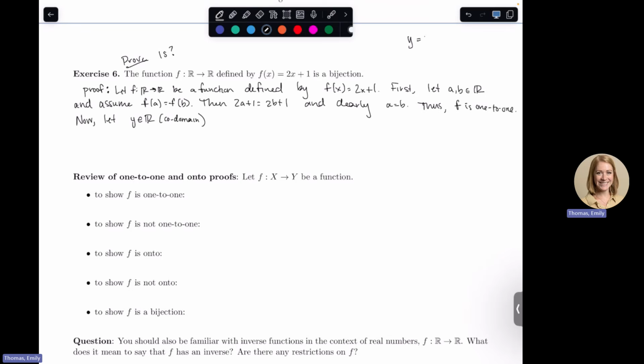All right, if y is equal to 2x plus 1, what is x? y minus 1 over 2. And is that a real number? Is that in our domain? Yes. So we're good. If these were integers, guys, we'd be in trouble.